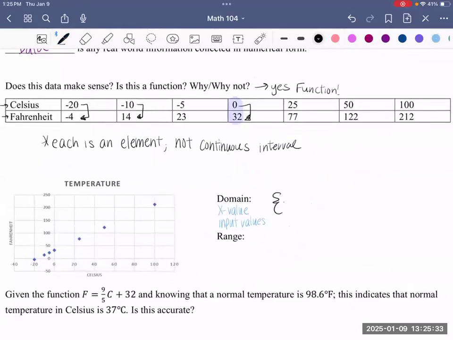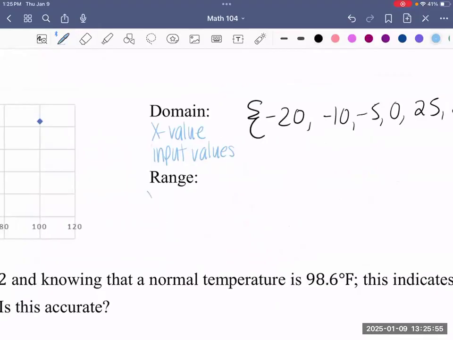So all of your Celsius coordinates: -20, -10, -5, 0, 25, 50, and 100 are all values for your x on that particular data function. Now let's see if you can do again the range, but instead of your x values, these are your y values.